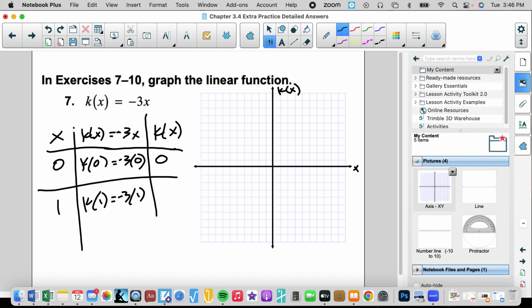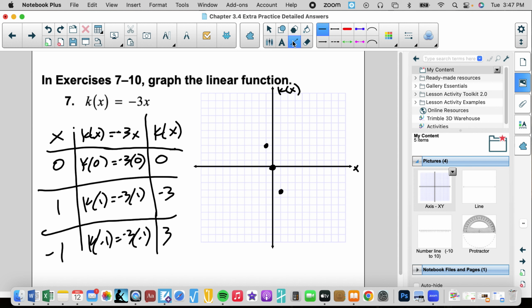Negative 3 times 1 equals negative 3. And we can plug in negative 1. K of negative 1 equals negative 3 times negative 1, which gives us 3. And we have 3 points. We have 0, 0. We have 1, negative 3. And then we have negative 1, positive 3. So my graph looks like that.